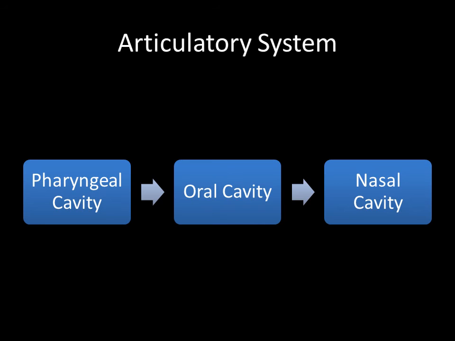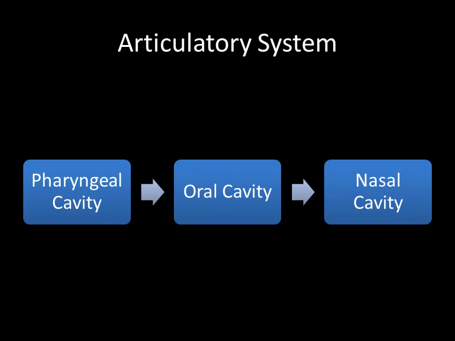The next system we'll discuss is the articulatory system. This system is divided into three cavities. The pharyngeal cavity, which is kind of that trumpet-shaped tube that ends behind the mouth and nose, or we call it kind of the back of the throat. The second cavity is the oral cavity, and it begins at the lips and ends at the back of the mouth.